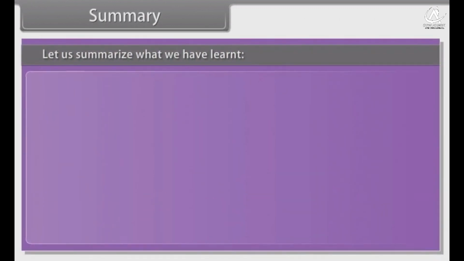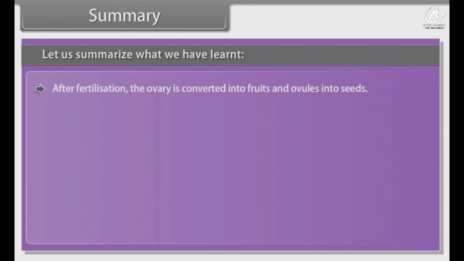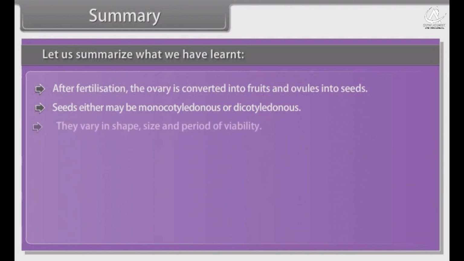Summary. Let us summarize what we have learned. After fertilization, the ovary is converted into fruits and ovules into seeds. Seeds may be either monocotyledonous or dicotyledonous. They vary in shape, size, and period of viability.